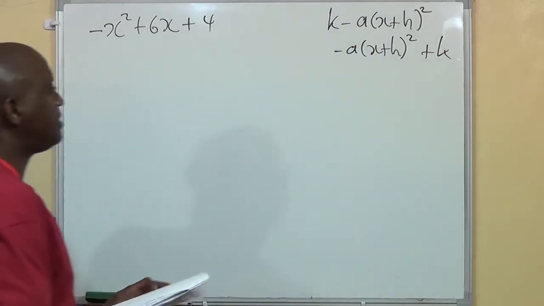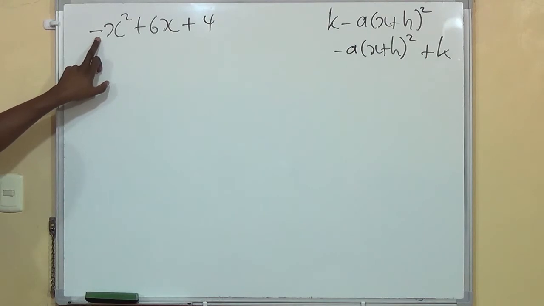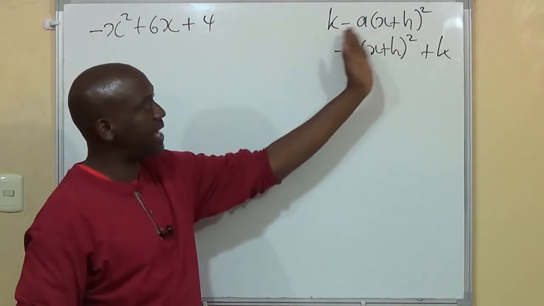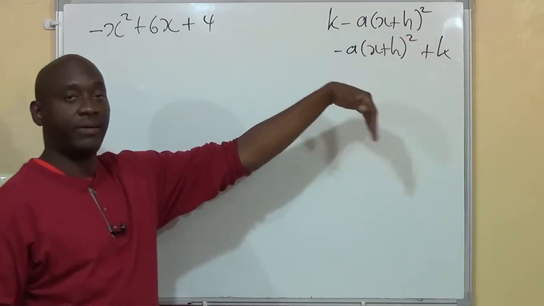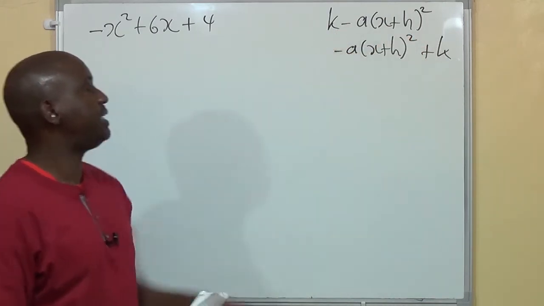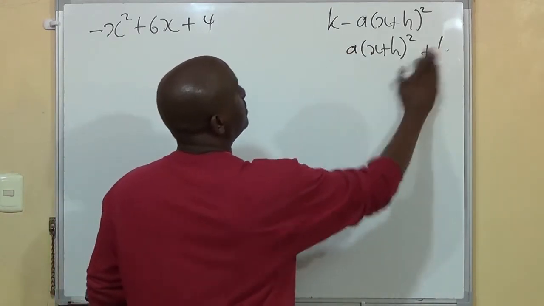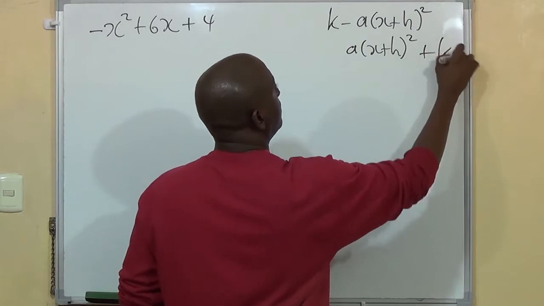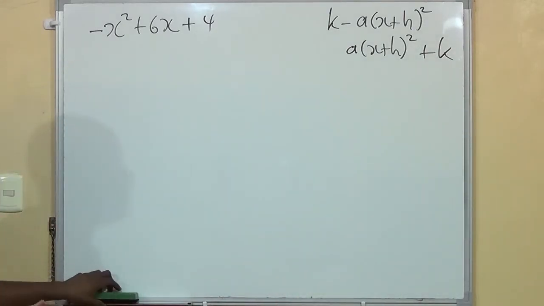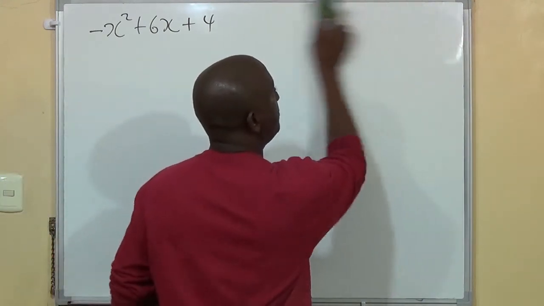So sometimes in the case where the coefficient is negative, they will ask for it in this form, and then they will ask for a, h, and k. So we could put it like that, or we could just leave it like that. Alright? So for the sake of consistency with my own videos, I will leave it as we had it before.